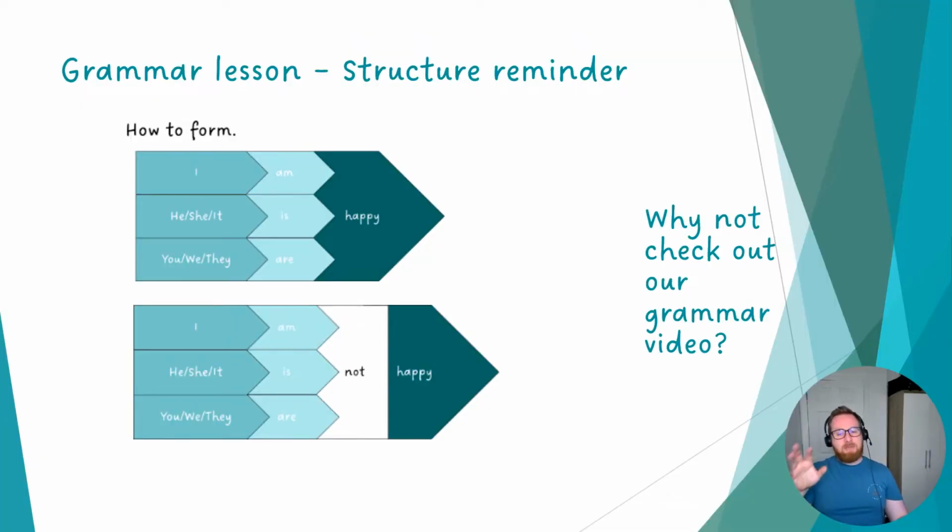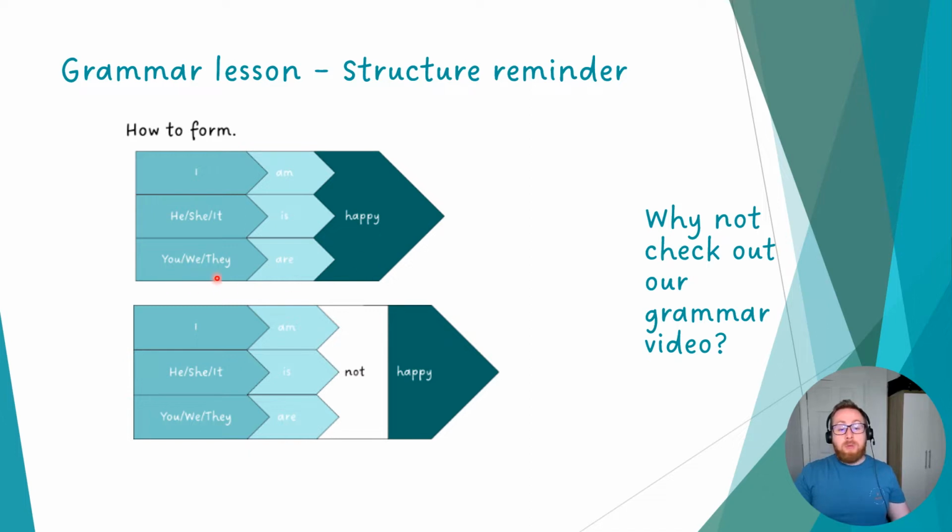Now, we have done some grammar lessons before on the channel, so why not check out these videos? But here is the basic structure when we're using the present simple. I am happy. He, she, it is happy.